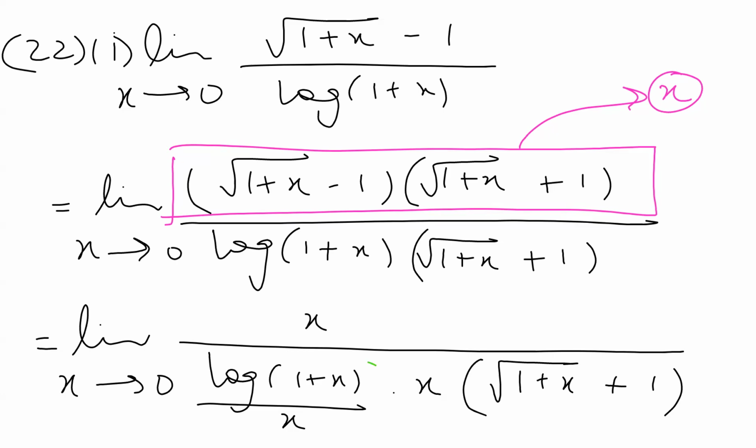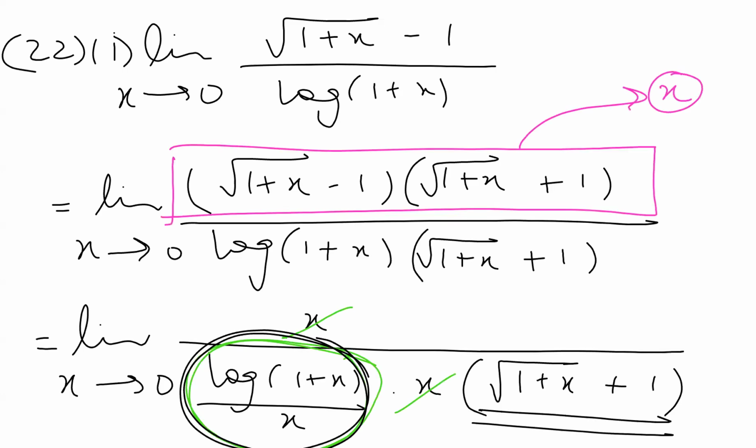So this particular thing is 1 as per the formula. This and this is gone. Now 1 upon, I'm applying the formula over here. So 1 upon 1 into. What to do with this?